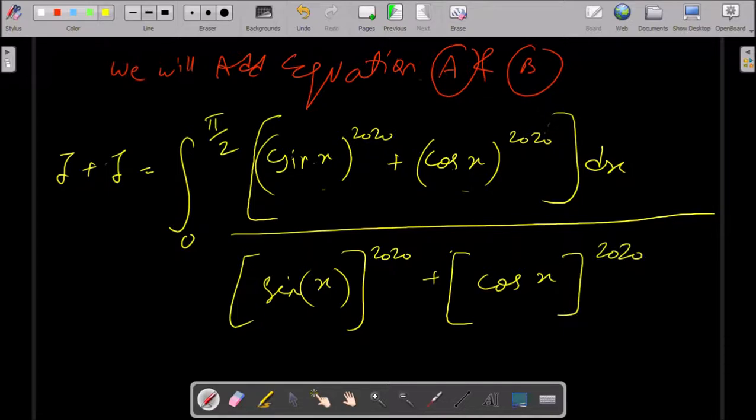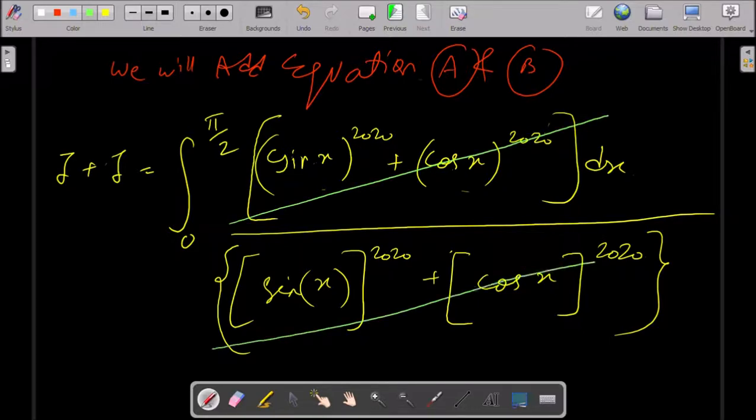See here, our numerator and denominator are now identical, right? They are equal now, so it gets cancelled out.